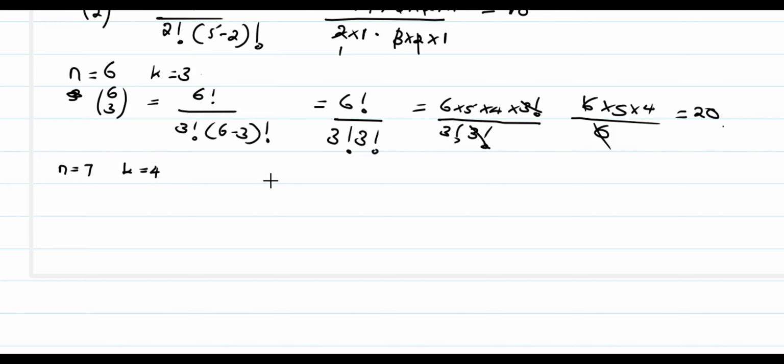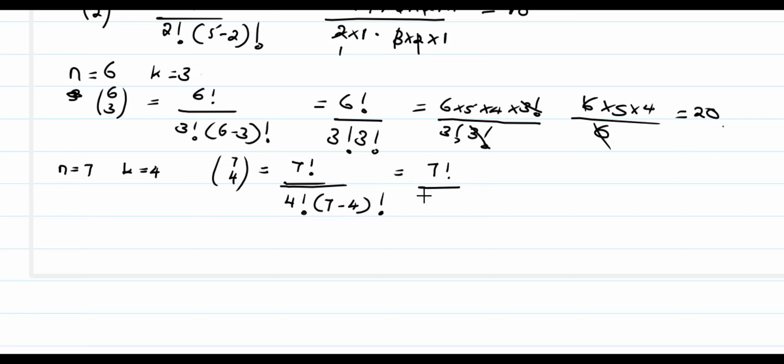So as usual, our formula applies: 7 choose 4 equals n factorial, which is 7 factorial, divided by k factorial, which is 4 factorial, times n minus 4, which is 7 minus 4, factorial. So it becomes 7 factorial over 4 factorial times 3 factorial.